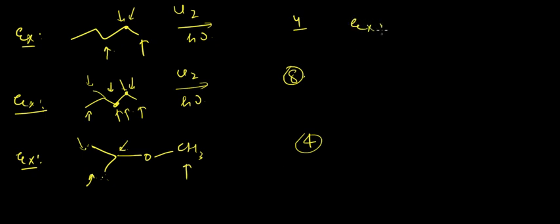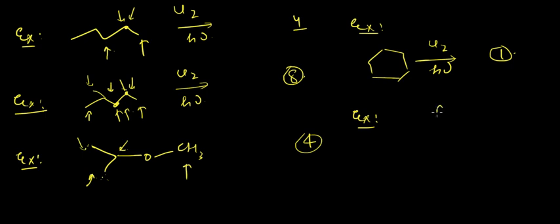Let's see another example. How many for this compound? Only 1, or rather 2. No, if you form 2, then it would be dichloro, not monochloro. Monochloro would be 1 only. What about this compound? HCl, CH2 present here, then CH2 present here, then CH3 present here.